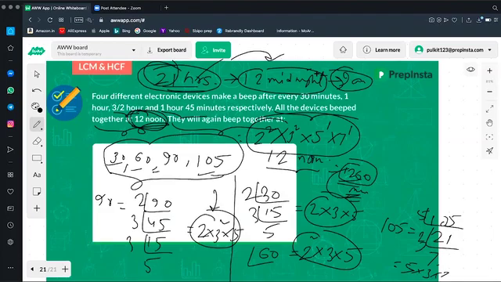So that means the electronic devices will beep again together after 21 hours. We know that they initially beep together at 12 noon. So after 21 hours, what time will it be? It is going to be 9 a.m. Ram and Kiran, is that clear?